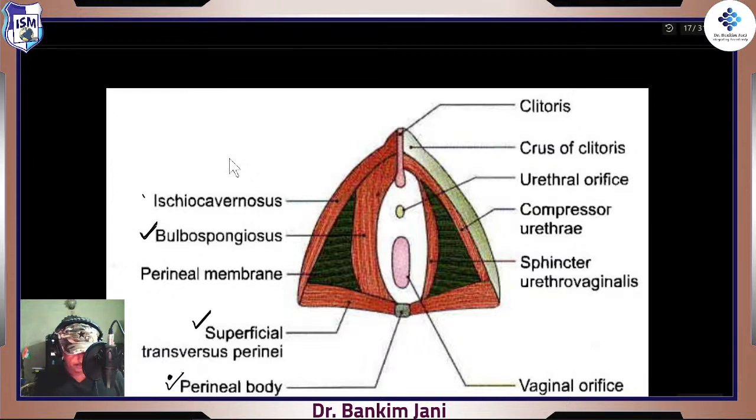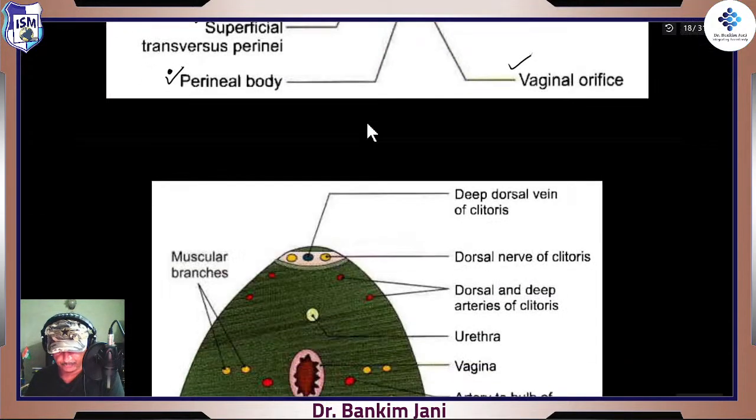On the surrounding, this is ischiocavernosus, that's the perineal membrane. Perineal membrane is what? That thickened layer, right? And this is anterior. So here it is the urethral orifice, right? That is the glans of the clitoris, the sensitive portion, and the vaginal orifice is over here. Just a sort of revision.